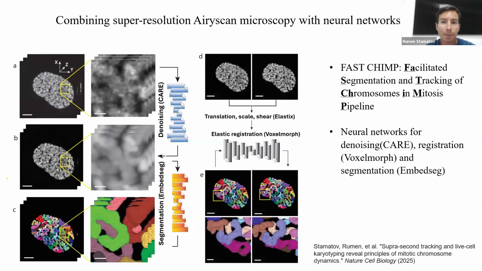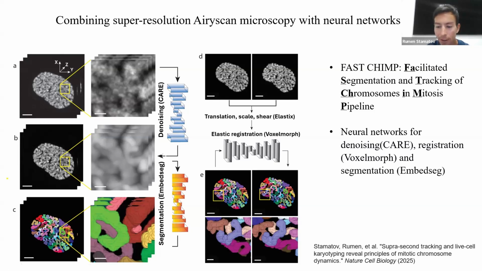So this is how we developed this pipeline, which we call FastChimp, which is a shorthand for facilitated segmentation and tracking of chromosomes in mitosis pipeline. So it combines three different neural networks. One is for denoising, like I just said. The other is doing segmentation, and the third one is doing registration.